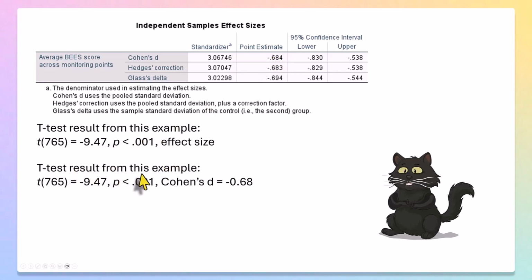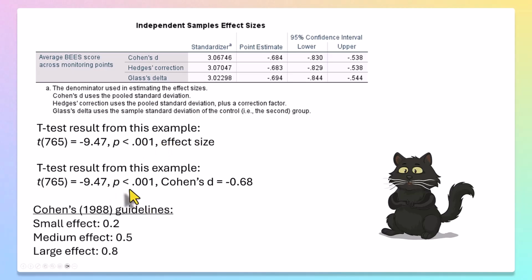And so for this example, we've got our t-test result from the prior info, and now we've also got our Cohen's d result, which in SPSS you get in this point estimate column. So here, Cohen's d is negative 0.68. To interpret Cohen's d, there is one very commonly applied set of guidelines.